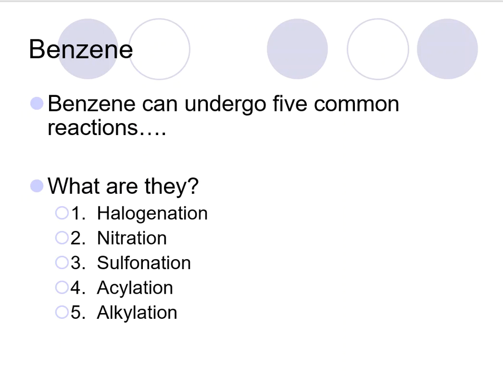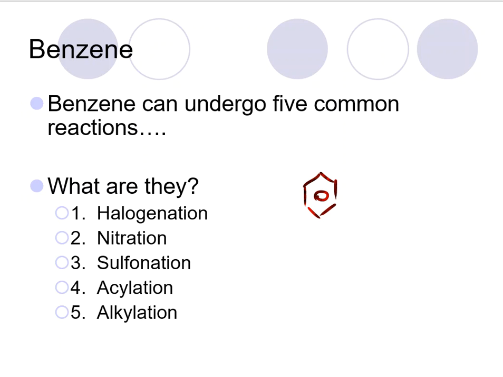Because remember, we said that benzene, just as benzene, was very, very snooty. Ew, the nose stuck up in the air. I don't want anything to do with anybody. That's basically what benzene does. It's very stable. It doesn't need to react. There's a lot of delocalization happening in that molecule.